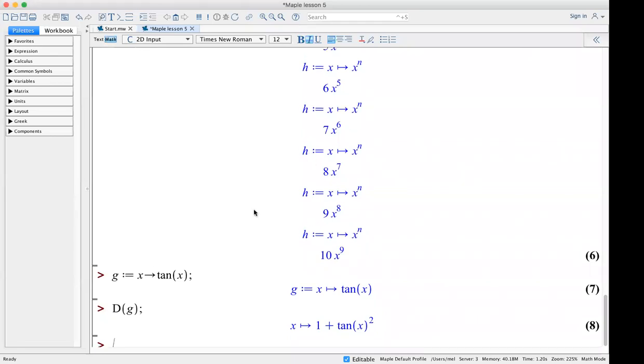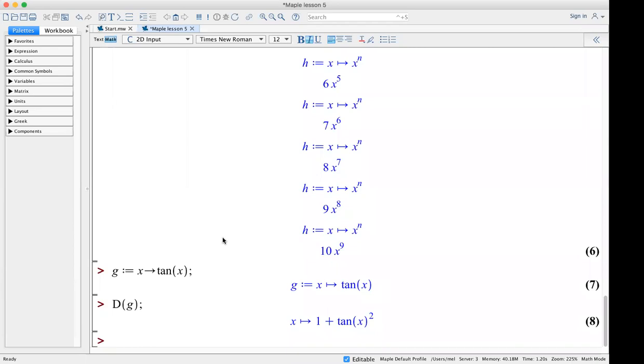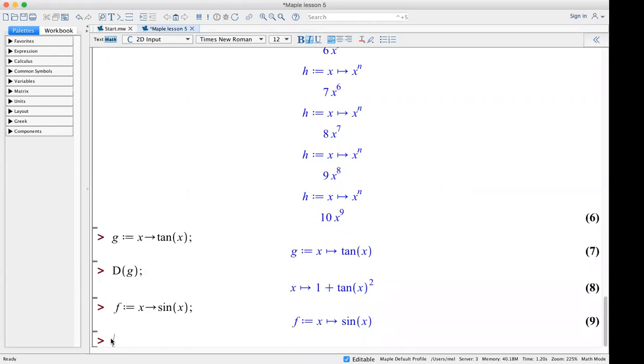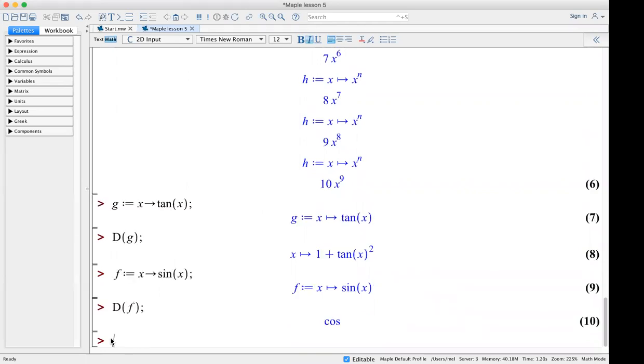Let's take a simple function like sine of x. So let me define it. F is the function x goes to sine of x. We know the derivative of the sine is the cosine.